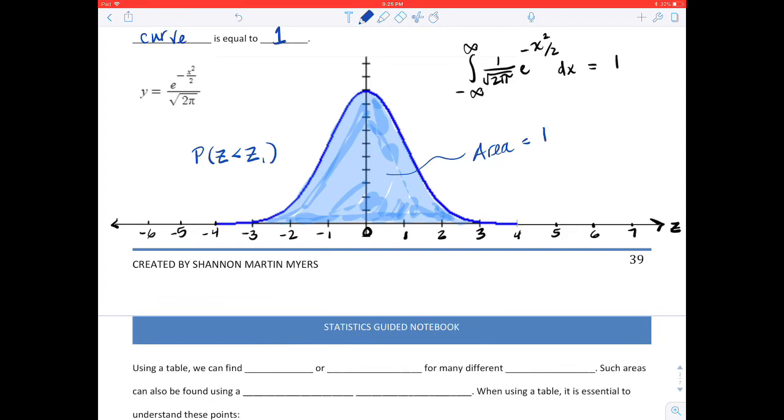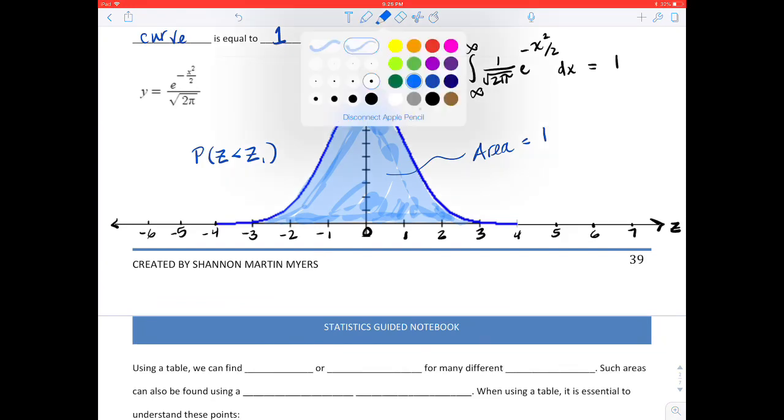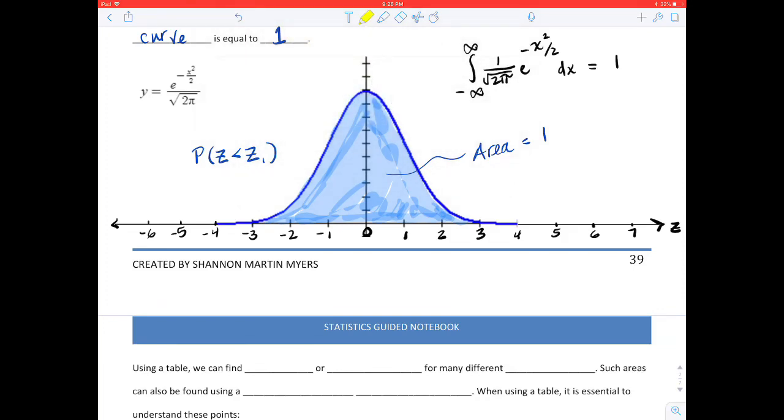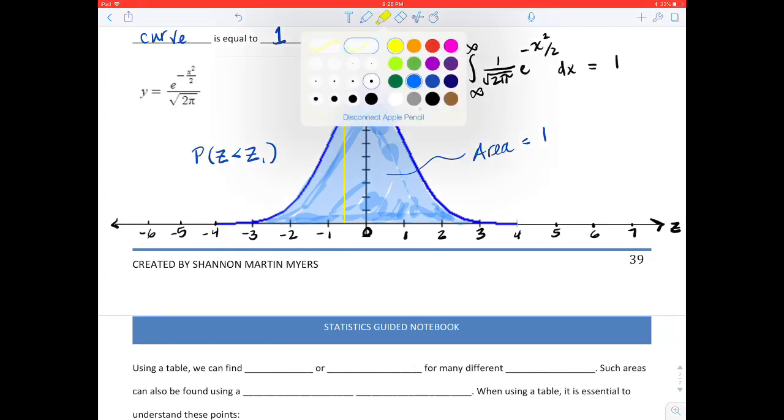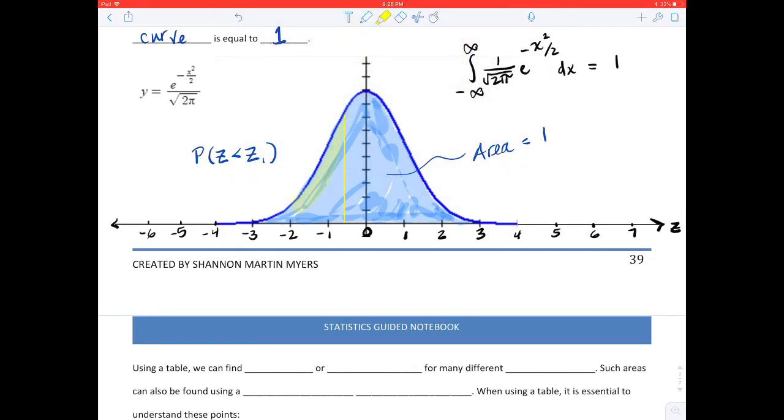So if z1 say was right here, then we would get this probability, just for the yellow part. Okay?